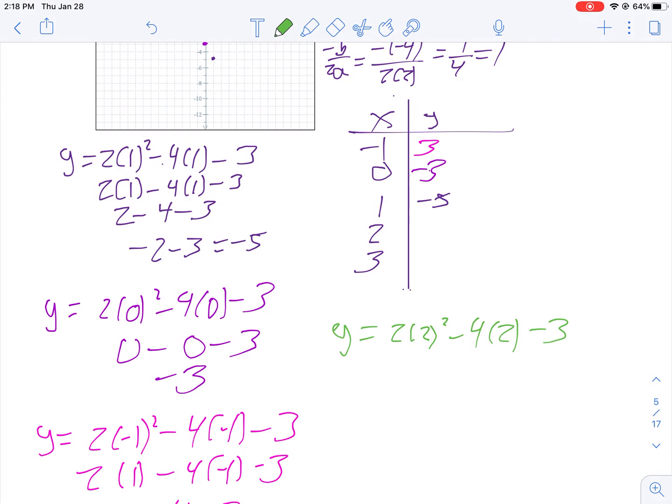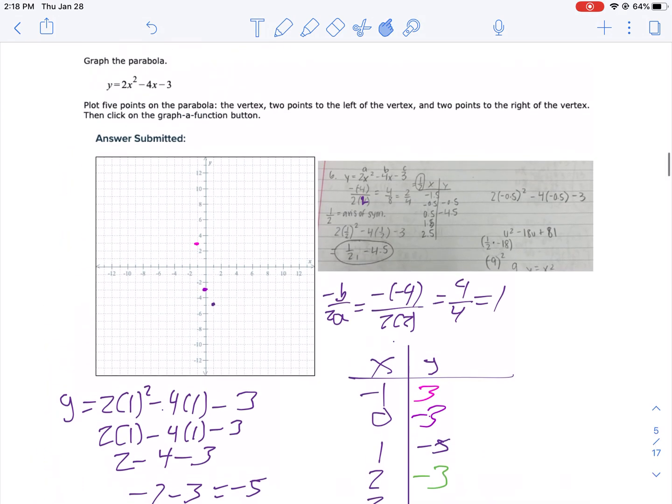Well, 2 squared is 4. 2 times 4 is 8. 4 times 2 is also 8 minus 3. So 8 minus 8 is 0, minus 3 is negative 3. Look how that matches up. When you're over 2, you're also down 3.